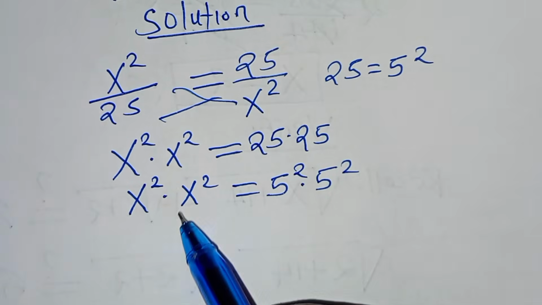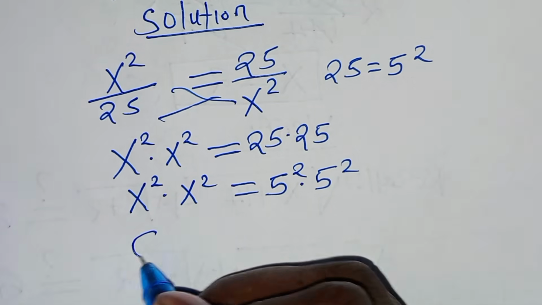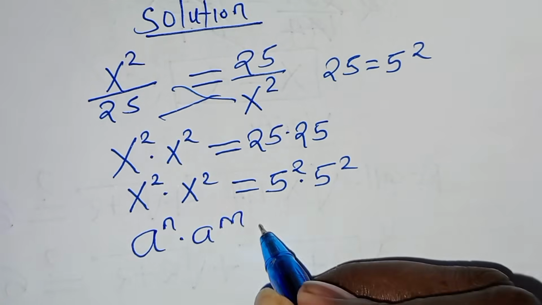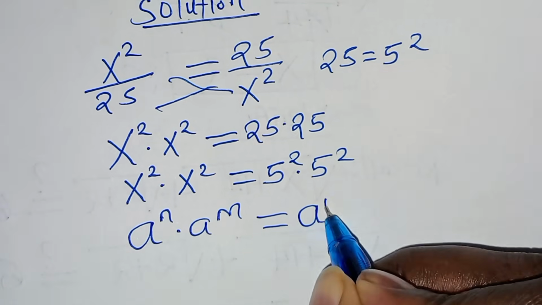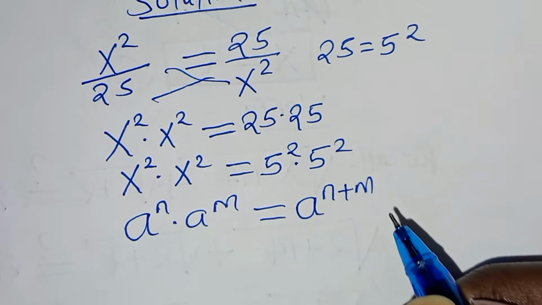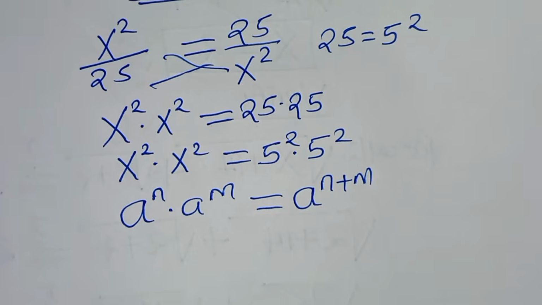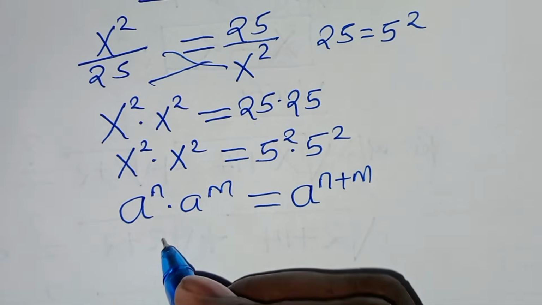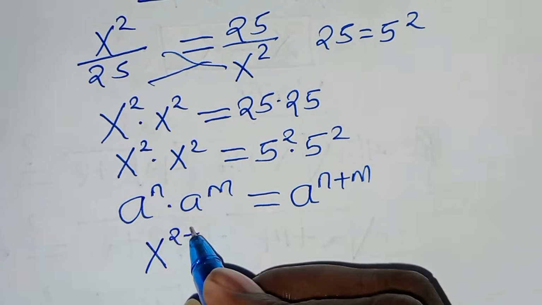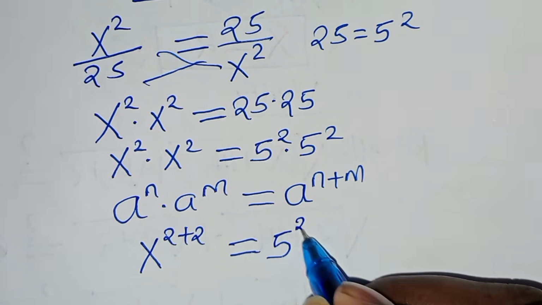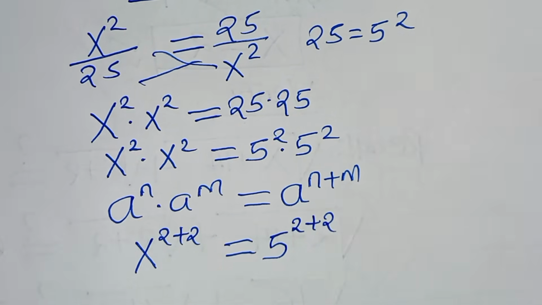Now x squared times x squared is in the form of a to the power of n times a to the power of m, which we can express as a to the power of n plus m. So this is the same thing as x to the power of 2 plus 2, equal to 5 to the power of 2 plus 2.